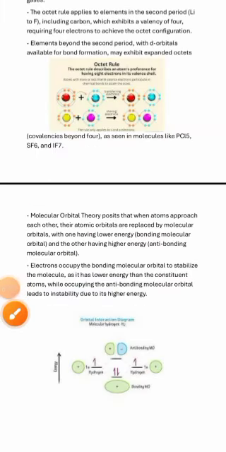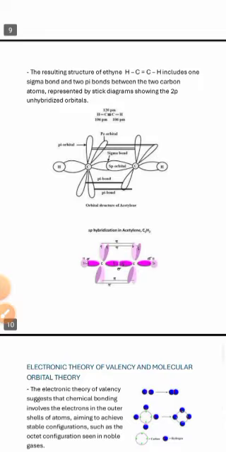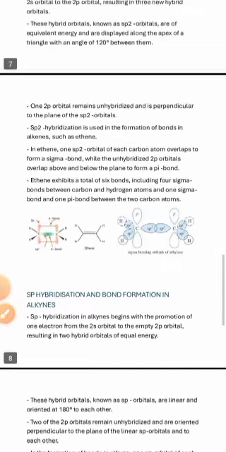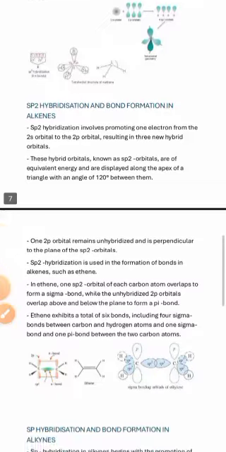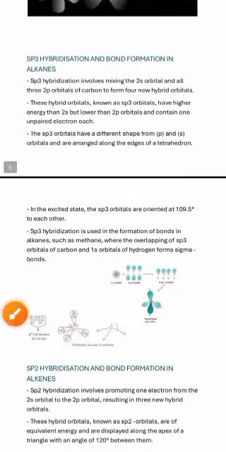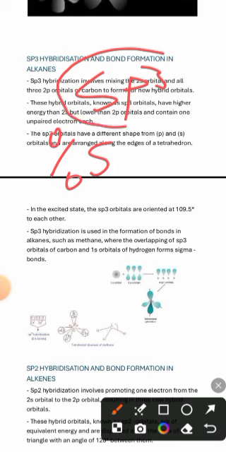So before we end this teaching, let us look at the percentage character of S and P orbitals in each of the hybridizations. Now for the sp3 hybridization, if you are asked to look for the percentage S character, what are you going to do? How many S are you seeing here?